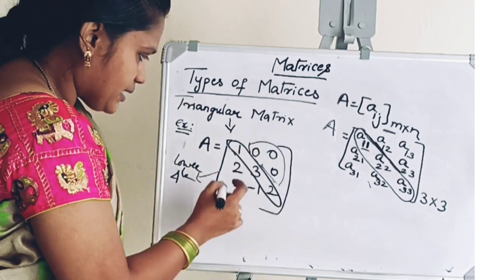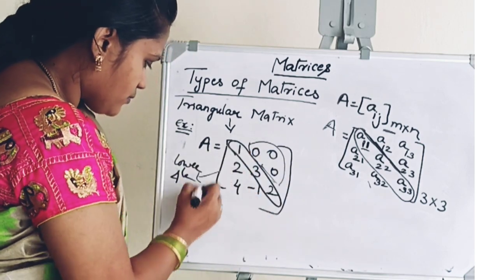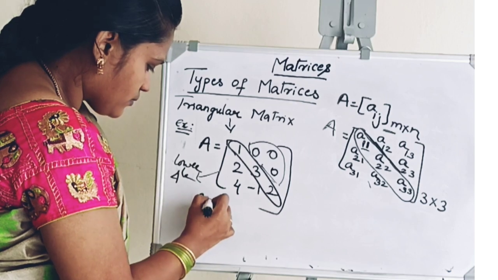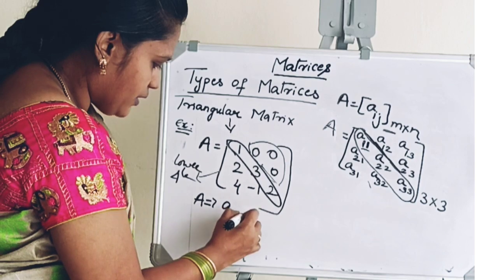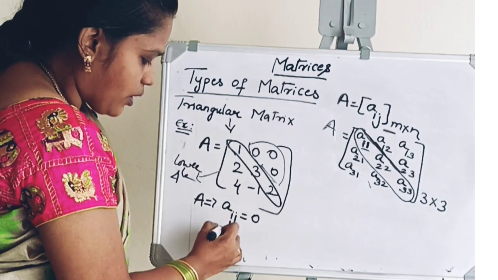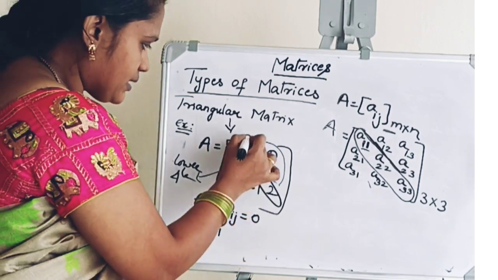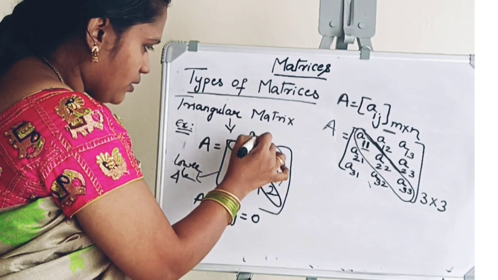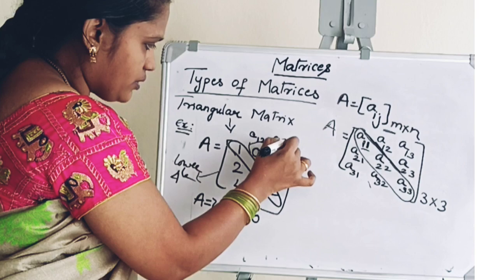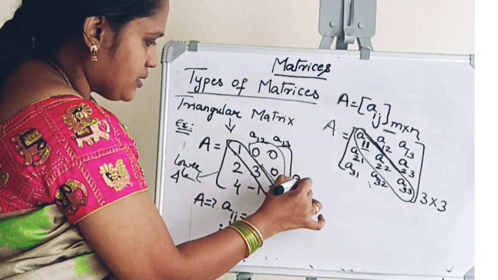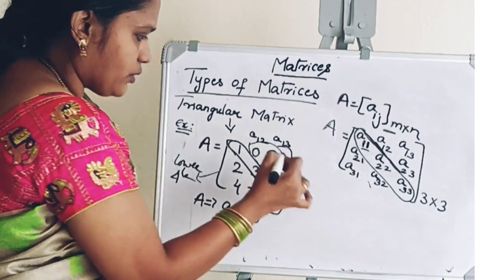In general, Aij will be equal to 0 for all i less than j. Here you can see this is first row, second column; first row, third column; and second row, third column.